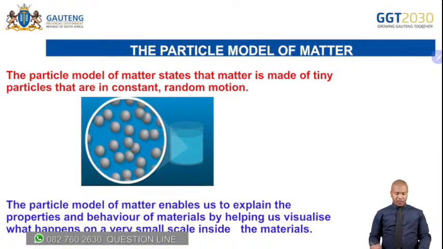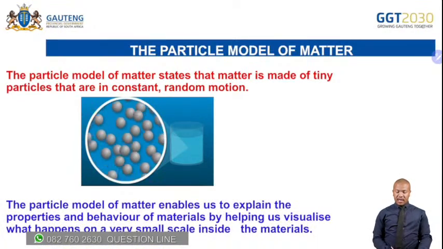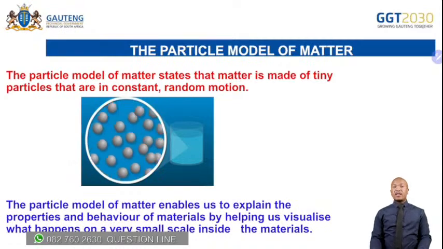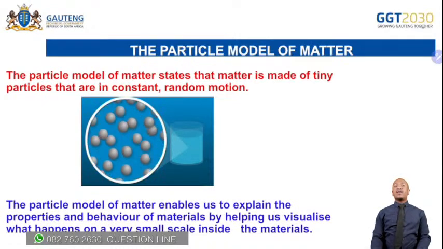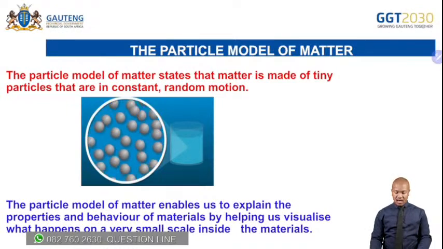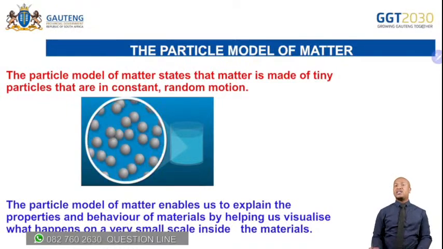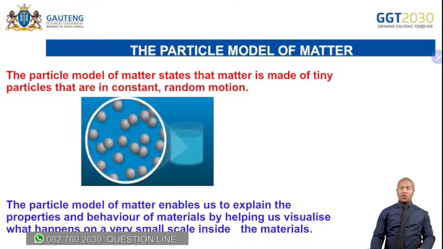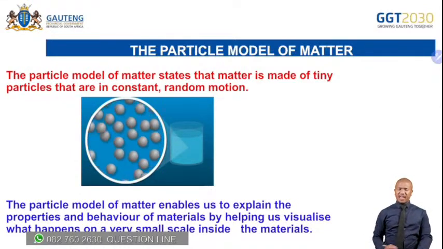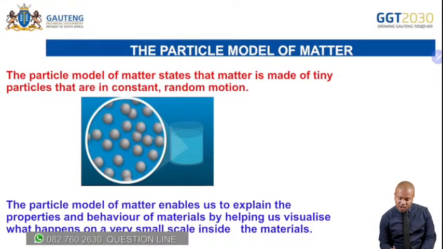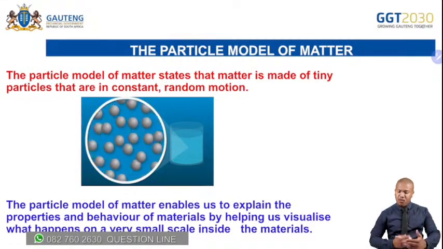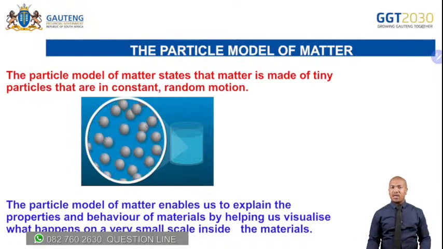And also the particle model of matter enables us to explain the properties and behavior of materials by helping us visualize what happens on a very small scale inside the materials. As we have viewed our examples here, it helps us visualize what happens in particles of matter as they are moving and having a constant motion.